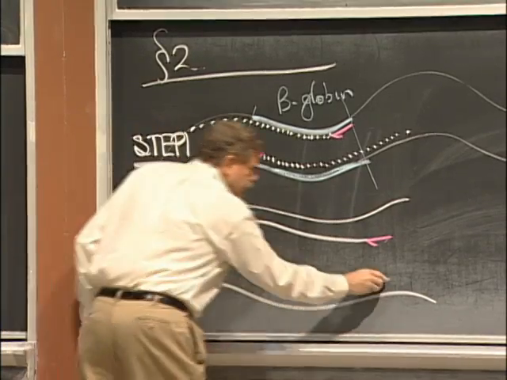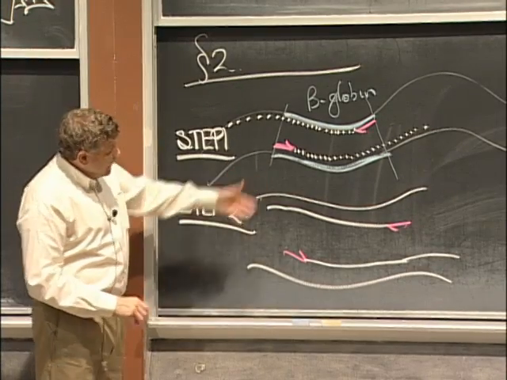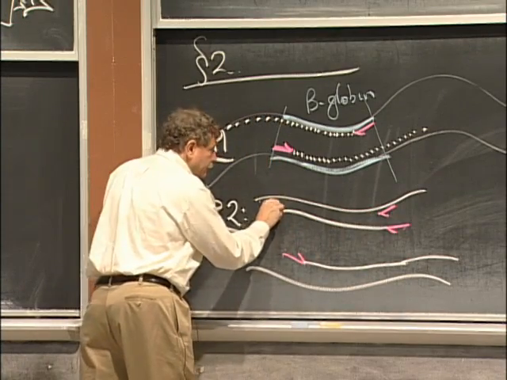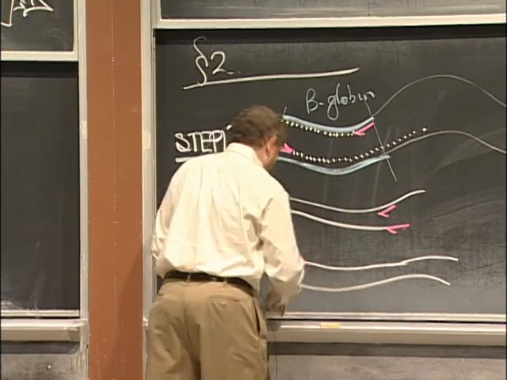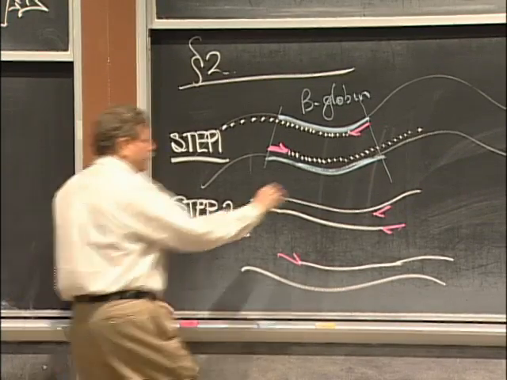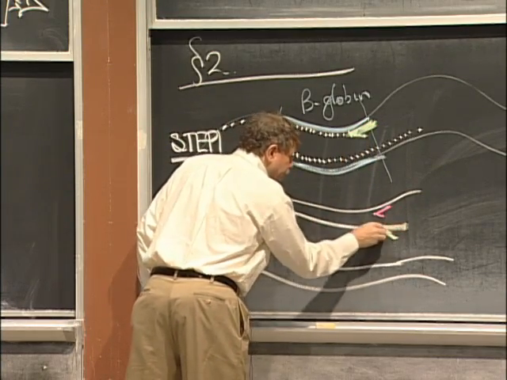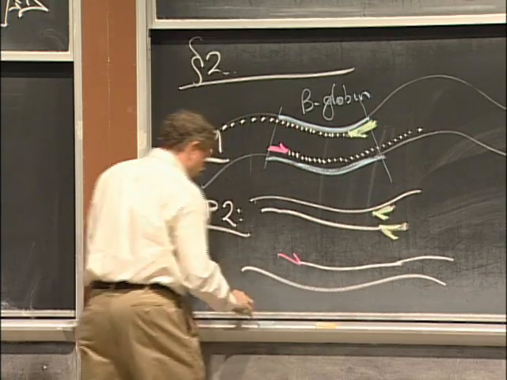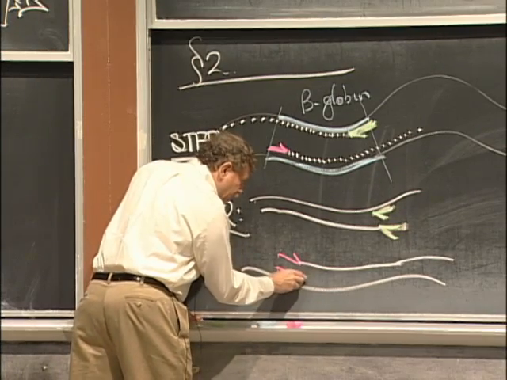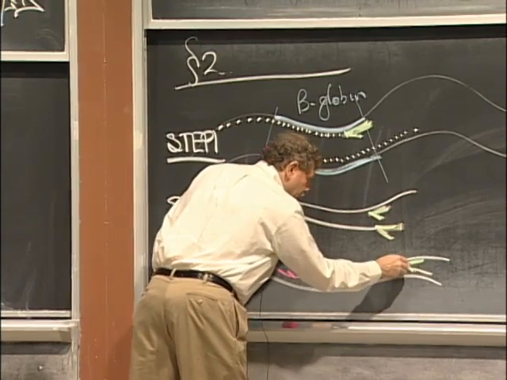So let me melt the DNA and now throw back my primer. Actually, if you'll allow me, I'm going to make the 2 primers different colors. Let's make that one a different color. There we go. So now what will happen is this primer goes here. This green primer goes here.